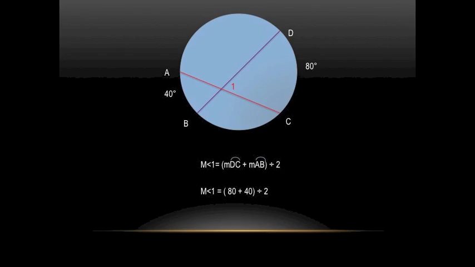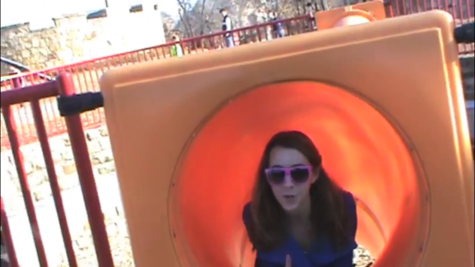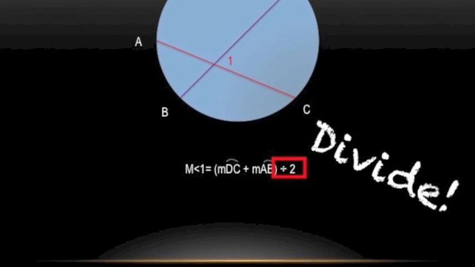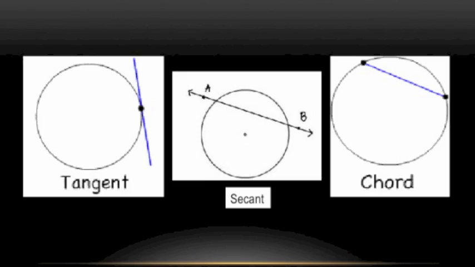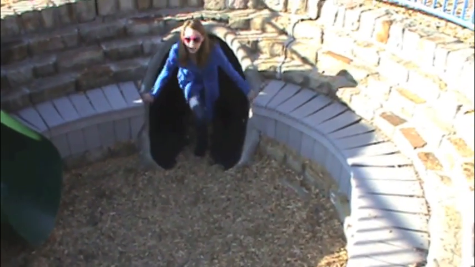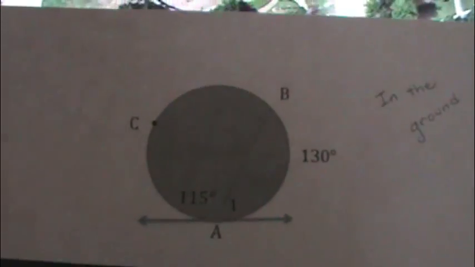Add or subtract if they're on the end or outside. Don't forget you'll always need to divide. Don't hide, just tangents, secants, and chords. Oh, oh, it's not trouble, trouble, trouble.